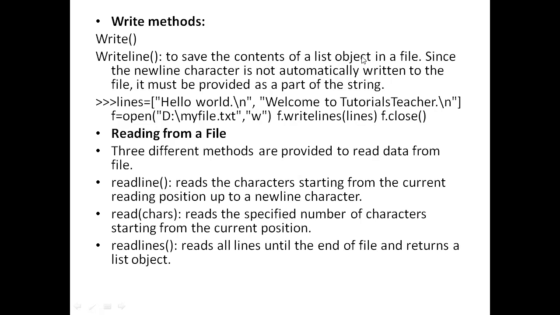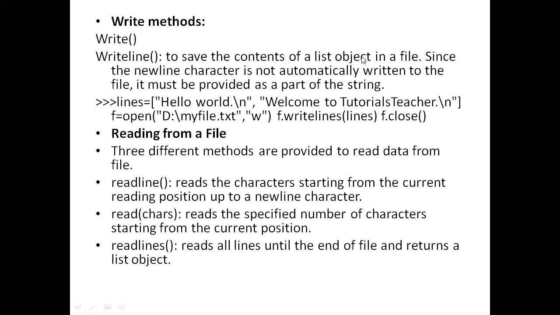Once you open the file, if you want to write content into the file, we can do it with the write method. For writing content, we have different methods. Here we have write, writeline, and writelines. Totally three methods.